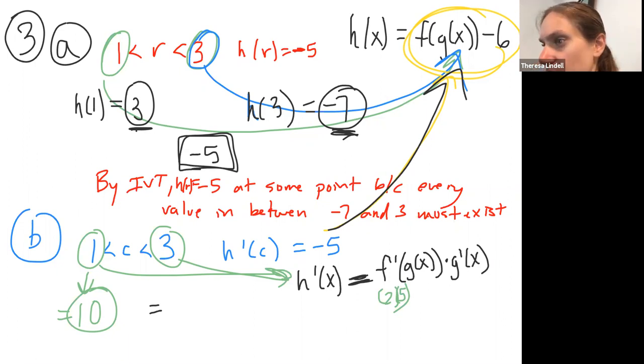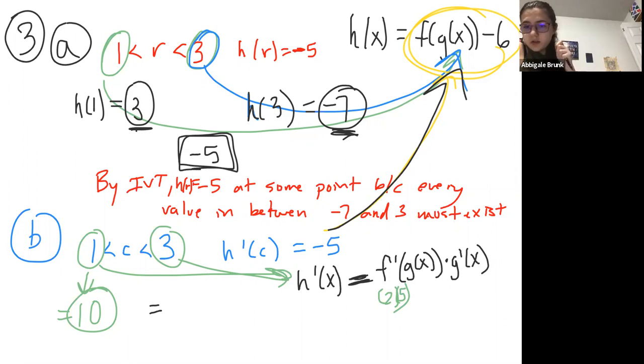Oh, wait, no, you have to take g of 3 first. g of 3 is 4. f prime of 4 is 3 times g prime of 3, which is 2. Never mind, so it'd be 6. I don't know where I did my math wrong.